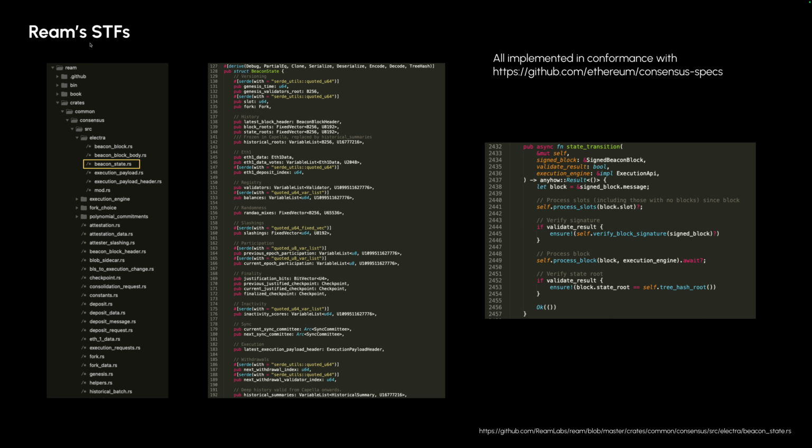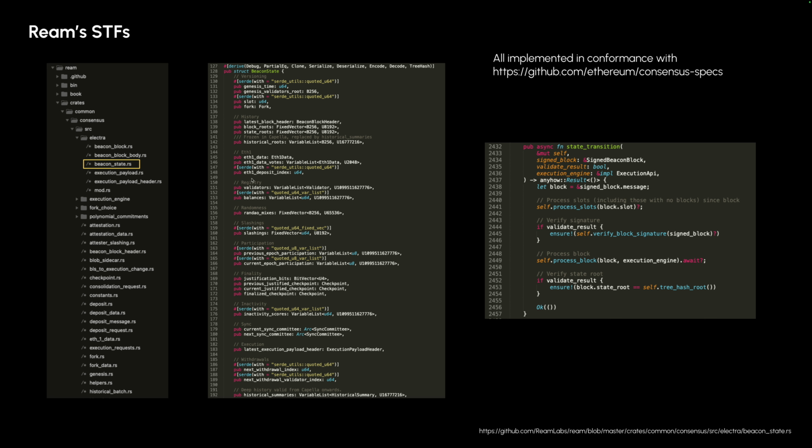But yeah, in terms of state transition functions, what we can look at is basically go into the Ream repo, and actually probably the only file that you have to take note of is the beacon state file inside the consensus crate here. What resides in this beacon state, first thing first, is the state, obviously.